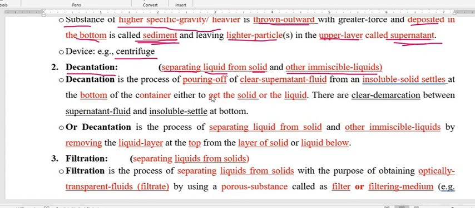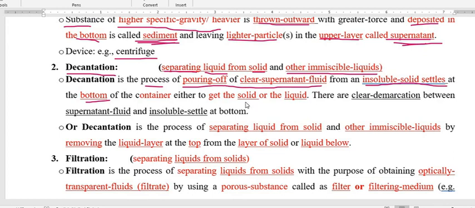This is a process in which we pour off the clear supernatant fluid from the insoluble solid that usually settles at the bottom, and we separate out the supernatant. The process is called decantation.